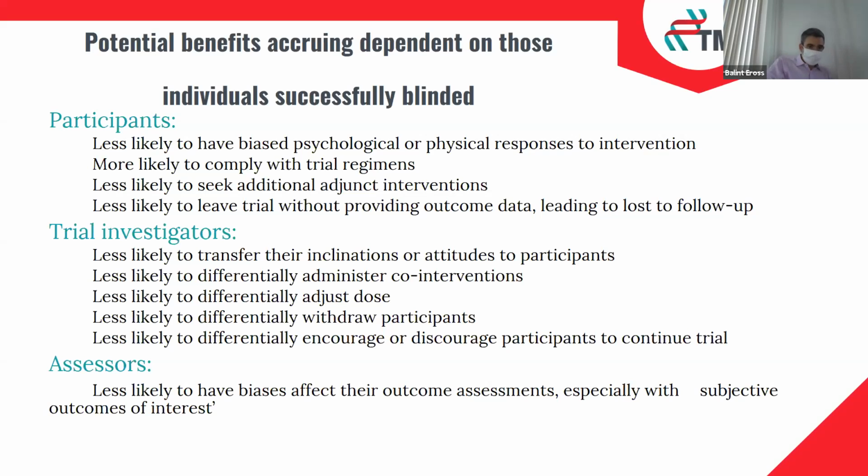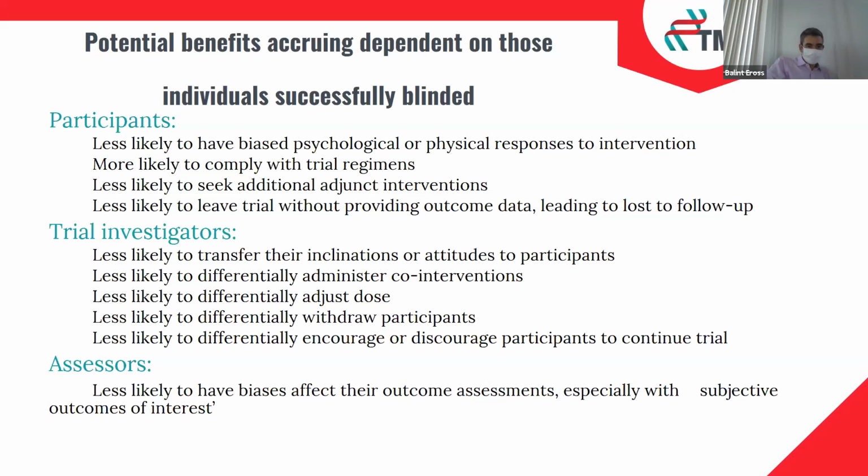From the trial investigator's point of view, it's less likely to transfer their inclination, their attitudes to participants. It's less likely to differentially administer co-intervention, to differentially adjust the dose of the drug, differentially withdraw patients, and to differentially encourage or discourage patients to continue the trial.